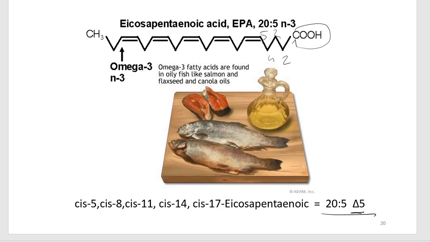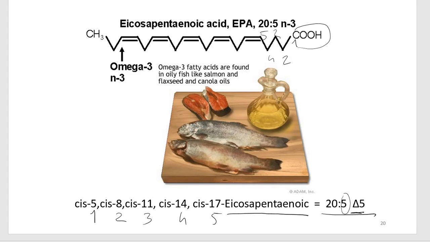Again, because of that 3 carbon apart rule, we know that the first one is at carbon 5, and there are 5 double bonds. So we are just adding 3. So that's the second double bond, third one, fourth one, and fifth one. We can also add that systematic name.